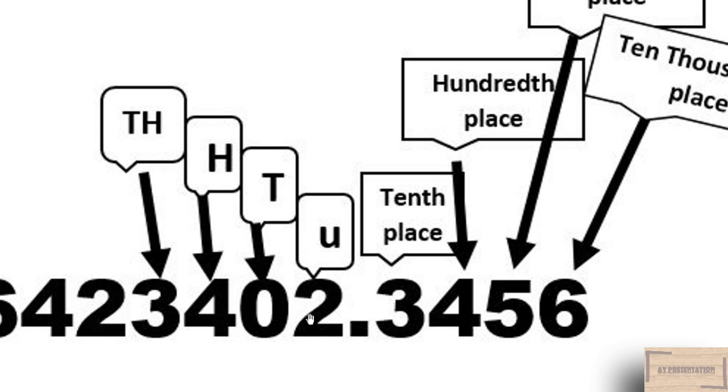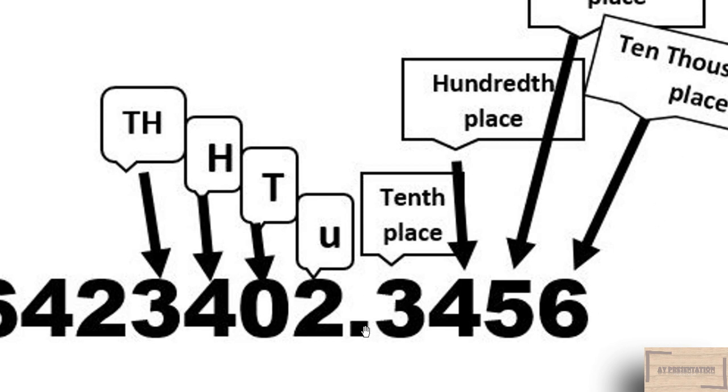Then from the point, on the right side, 3 is in the 10th place, 4 is in the 100th place, 5 is in the 1000th place, and 6 is in the 10,000th place.